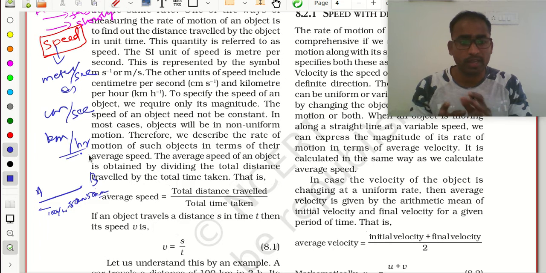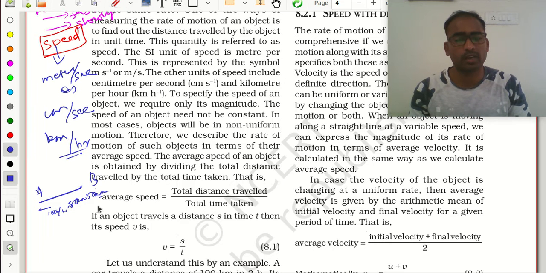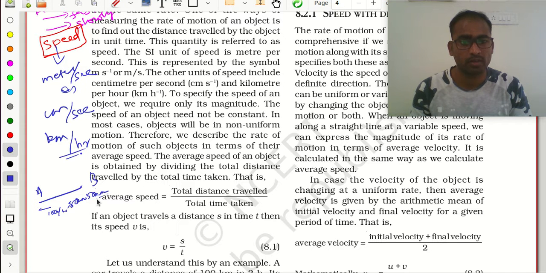Now I cannot say he is moving at 100, or 80, or 50 km per hour, because the speed is always changing in non-uniform motion.